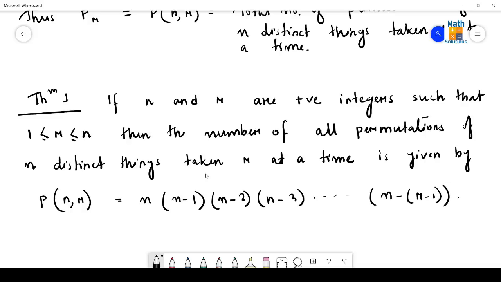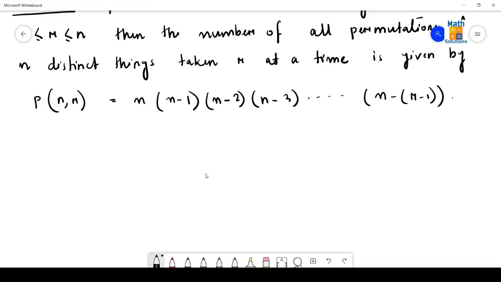So, coming to the proof part, let us check here. This is the statement. When we come to the proof part, first of all, we should be clear about one thing, that here in this case, total number of things provided is n, out of which we have to select r at a time.